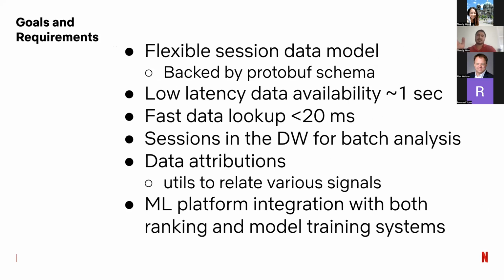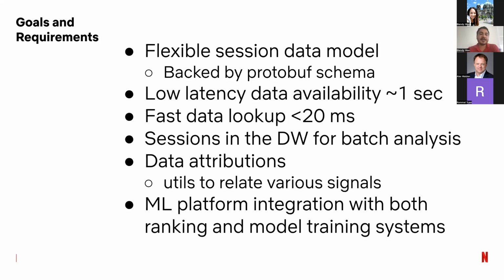A few goals we had in mind, other than the latency requirement that I've talked about multiple times: we also want the data model of this user session to be really, really flexible, meaning you could add a new metric tomorrow. At the same time, we guarantee that you could never break an existing metric that was being served.